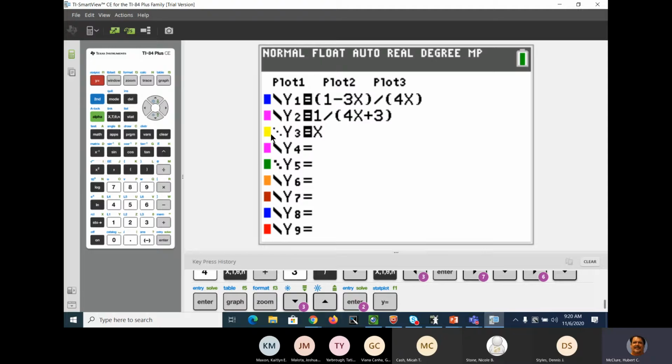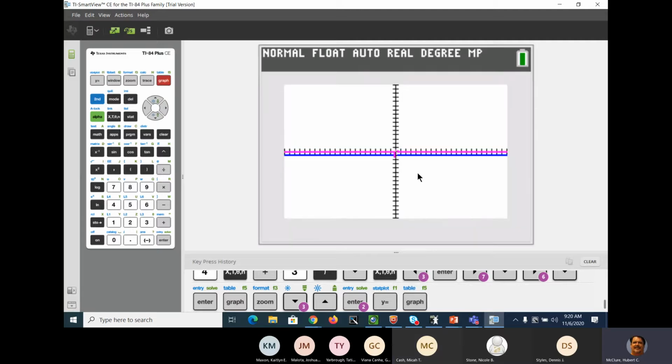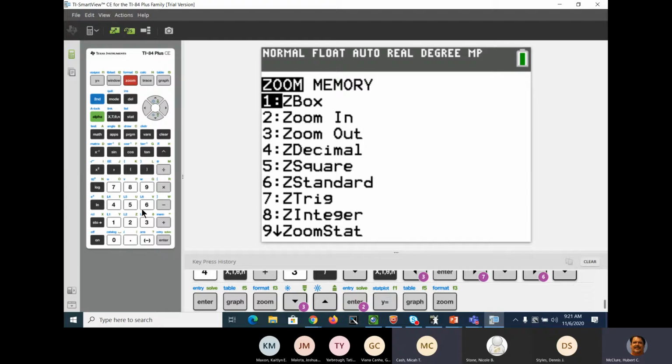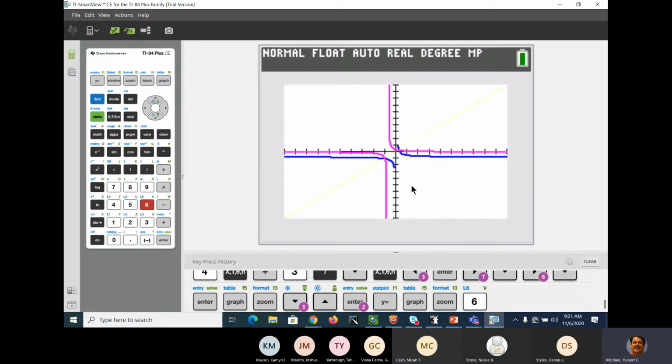And it's not even graphing the x. Why isn't it graphing the x? Something's not right. Zoom, standard. Okay, there we go. Did it that time.